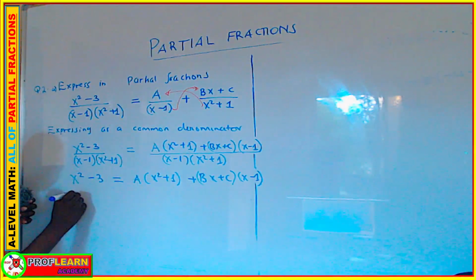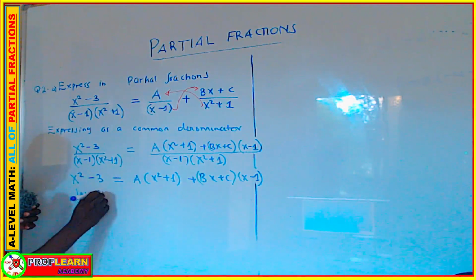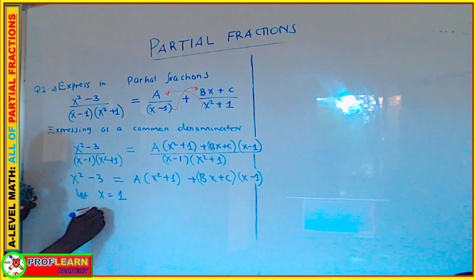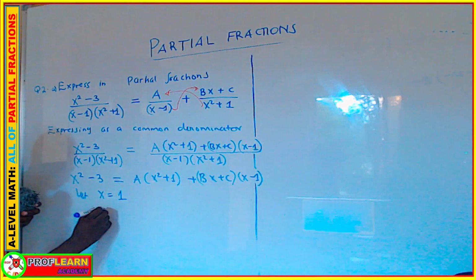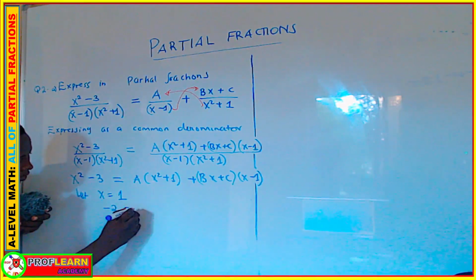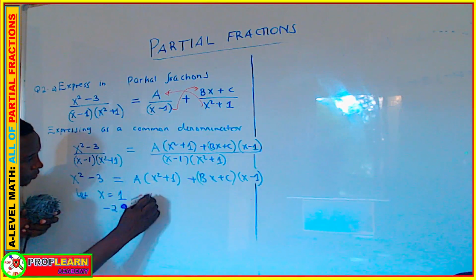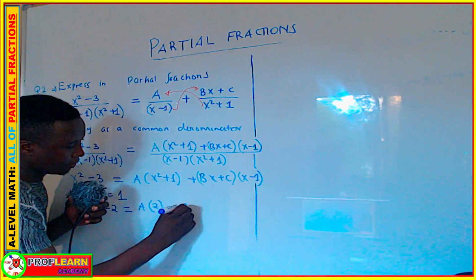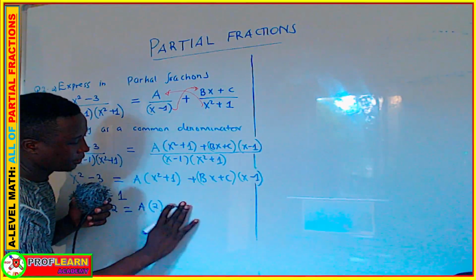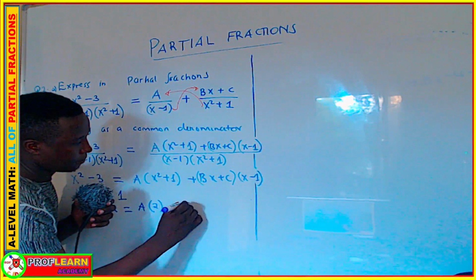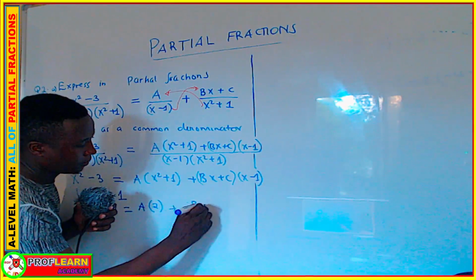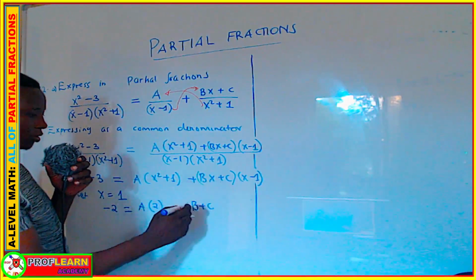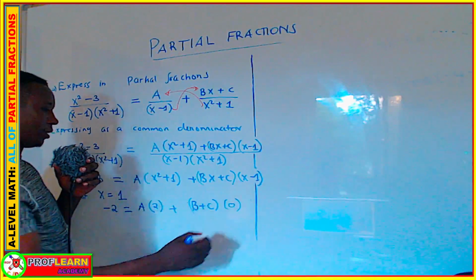Letting x equal 1, our expression becomes 1 squared minus 3, which is minus 2, equals A times 2, because 1 squared plus 1 is 2, plus the term with B and C, which is going to be 0.